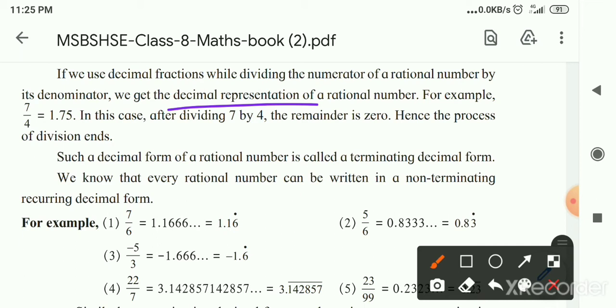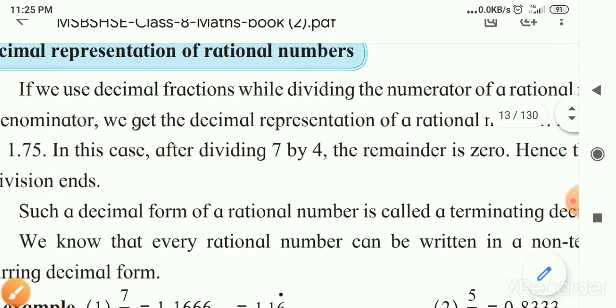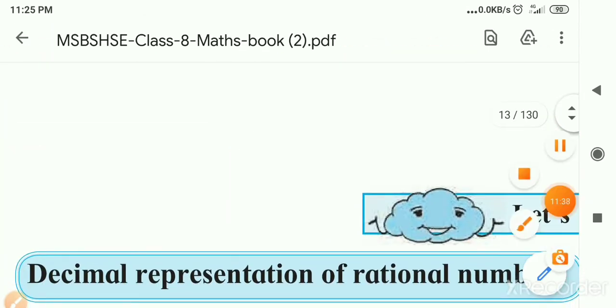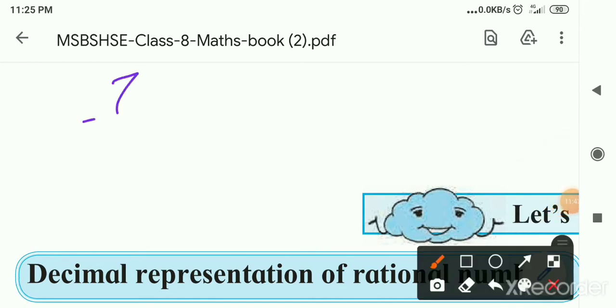For example, 7 upon 4. Now we divide the 7 with the 4. How we get the answer, we will see. 4 1s are 4. 7 minus 4, how much remains? 3 remains. On 3 we take our own 0, so we have to give the point after 1.